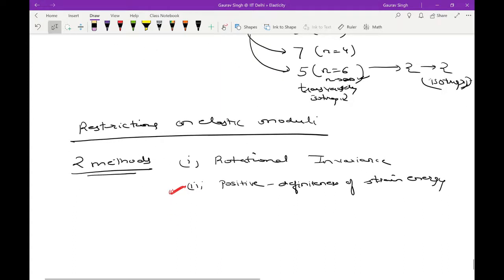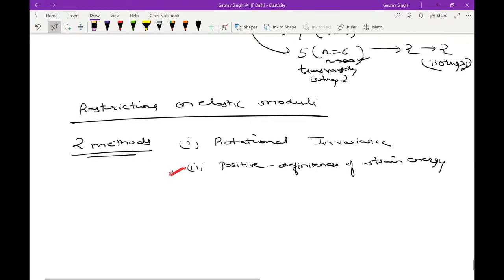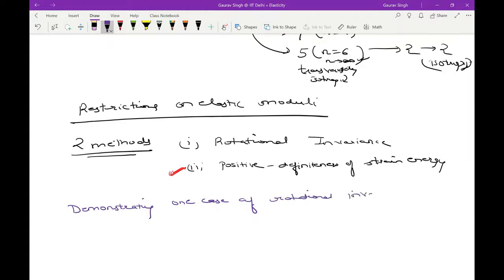So let's see what this rotational invariance means. We're demonstrating one case of rotational invariance.